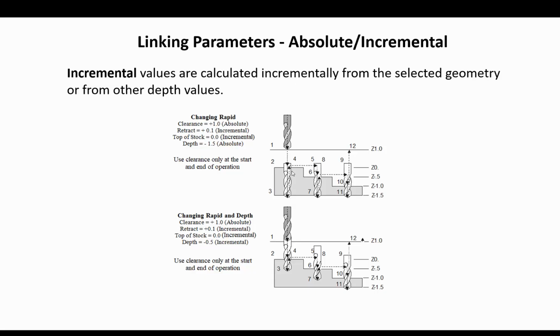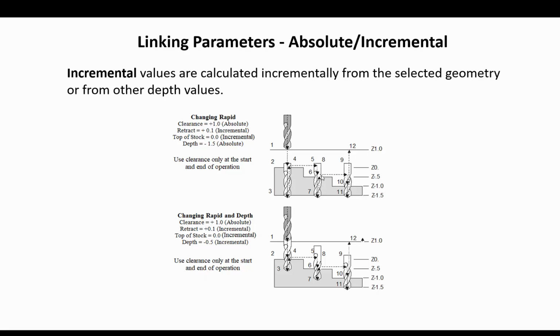After that, it's going to retract up to the retract plane, which remember is set to incremental 100 thou above the top of the stock. It's going to rapid to the next hole and then rapid down still 100 thou above the new top of the stock, and then feed in up to Z minus 1.5.